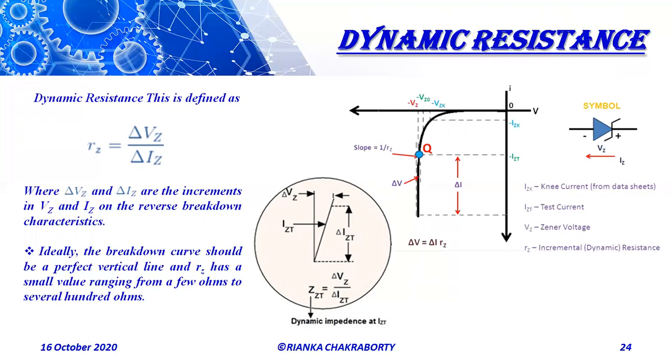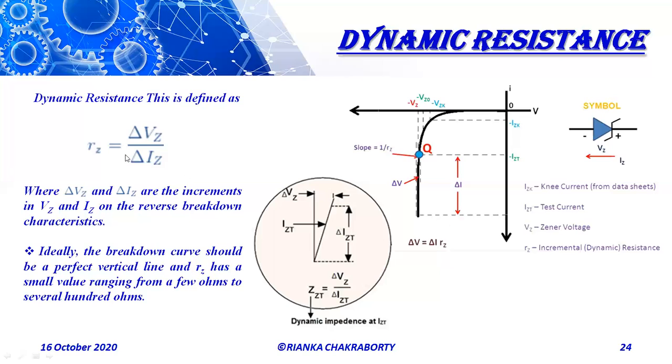But the dynamic resistance denoted by Rz of the Zener diode is given as Rz equals del Vz by del Iz, where a change del Iz in the operating current produces a change del Vz in the operating Zener voltage. Thus, Rz is the reciprocal of the slope of the VI characteristics curve. In the ideal situation, Rz equals 0, where the Zener characteristic is parallel to the current axis.